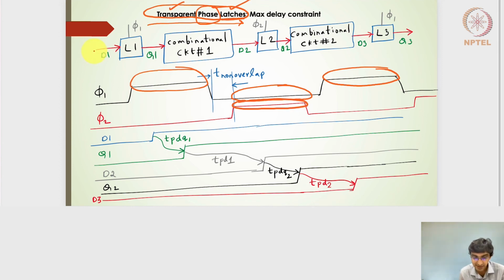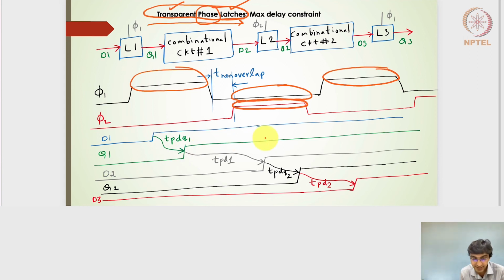Now let's say that the D1 signal is coming here to the latch 1. And remember that latch 1 will operate when clock 1 is high. So even if the D1 signal comes before the clock or after this particular rising edge, it doesn't really matter, because even if it comes after the rising edge, during this entire portion of the clock level being high, it is likely to get captured.